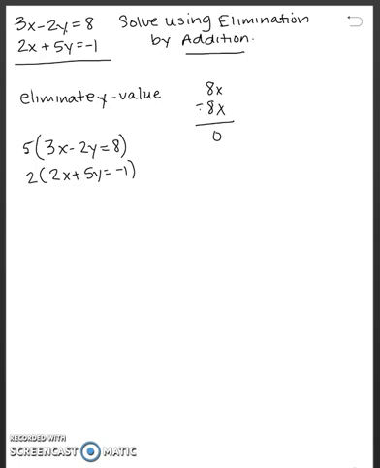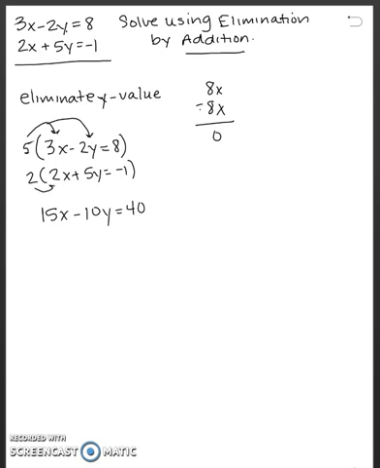Now remember, even though I want to change that middle term, the y term in the equation, I have to multiply everything in the equation by the 5 and the 2 in order to keep the equations equivalent. So this is going to produce my new system of 15x minus 10y equals 40, and that's through just distributing this 5.